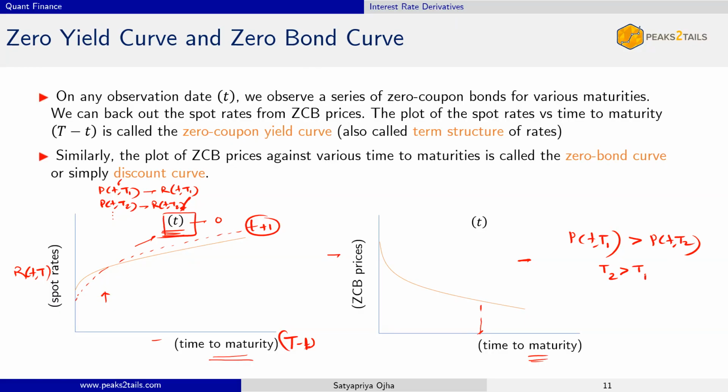All right. Okay. One note here. So you normally have a discrete set of points. You don't have a continuum of liquid prices. That will never happen. You have maturities at different points, right? 1 month, 2 month, 3 year. So you extract the spot rates from the liquid zero coupon bond prices.